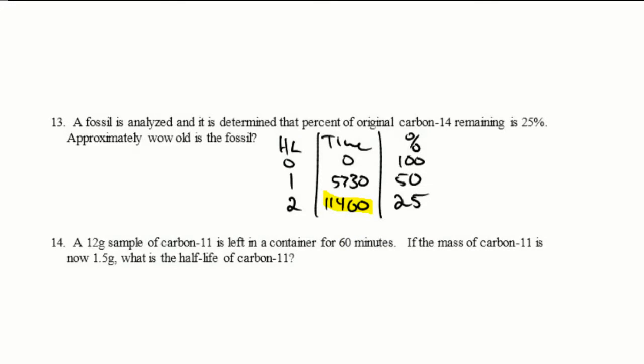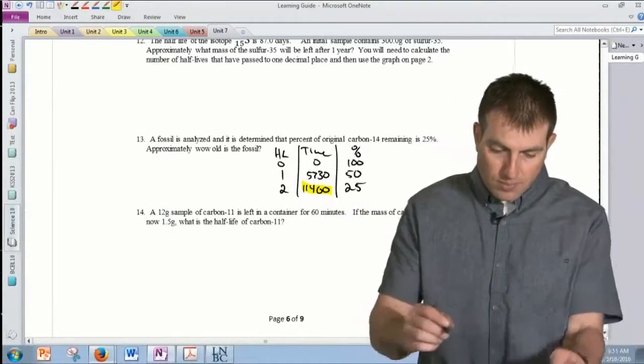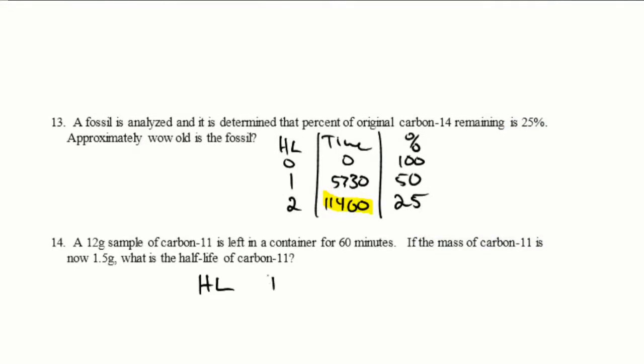A 12-gram sample of carbon-11 is left in a container for 60 minutes. The mass of carbon-11 is now 1.5 grams. What is the half-life of carbon-11? This is just the same sort of process with the table. So you have half-life, time, and in this case, you're starting with a mass in grams.